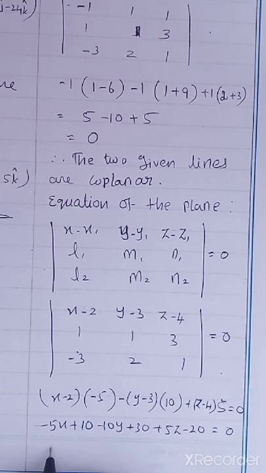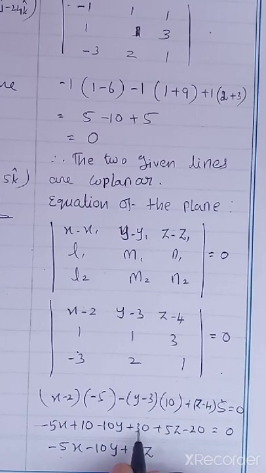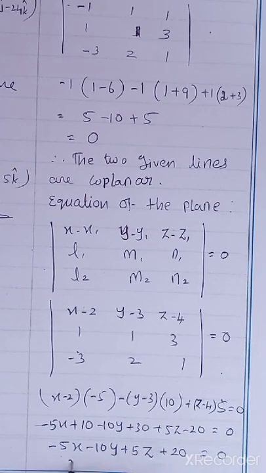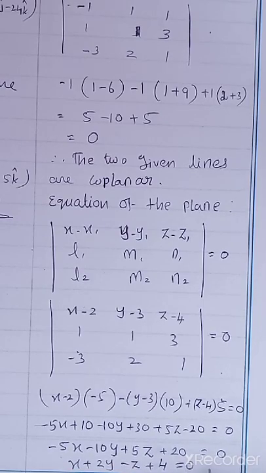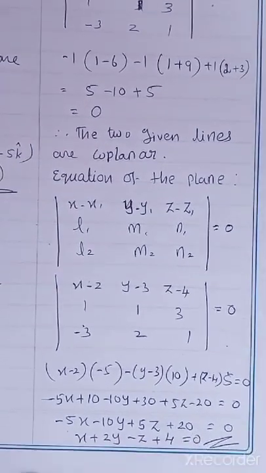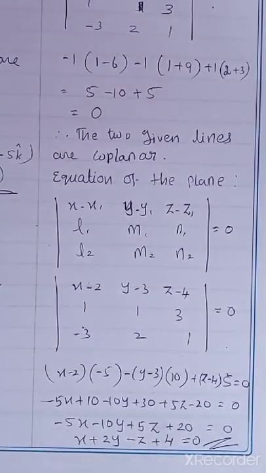Again, if we take minus 5x minus 10y plus 5z plus 20 equal to 0, and divide by minus 5, you will get x plus 2y minus z plus 4 equal to 0. This is your final answer, the equation of the plane. Is that clear?